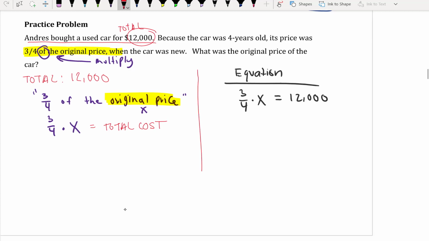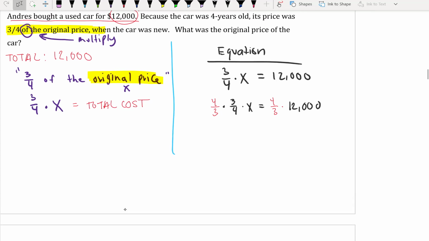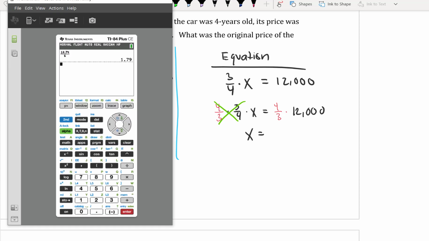So to solve for this problem, I'm going to multiply by 3/4 on both sides. Or sorry, the reciprocal, which would be 4/3. So then here, what ends up happening is that the 3/4 times the reciprocal will just give you the x. And now we are going to multiply.